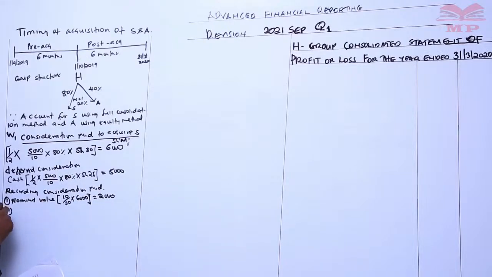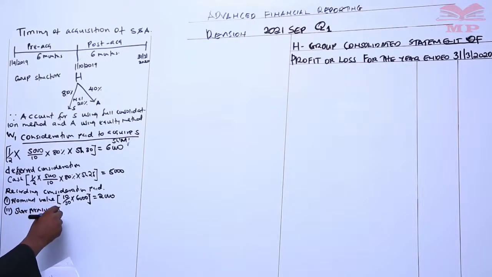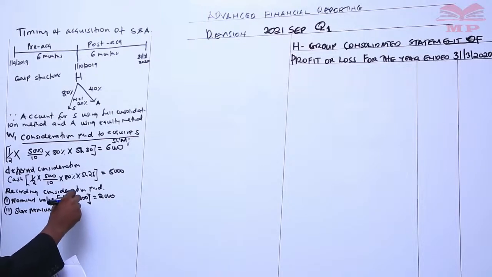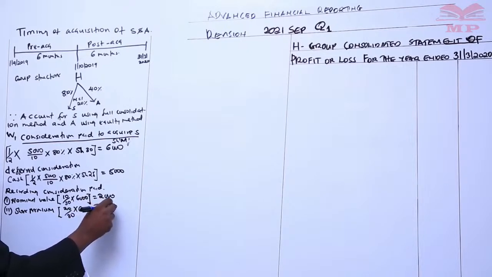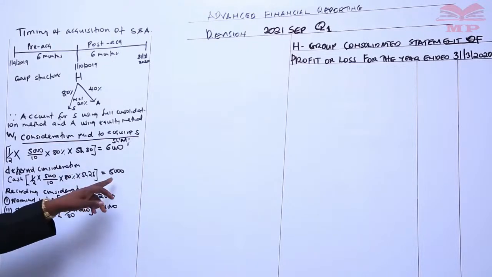Then share premium, we're going to have 20 over 30 times 6, giving you 4. How do we record the deferred consideration?